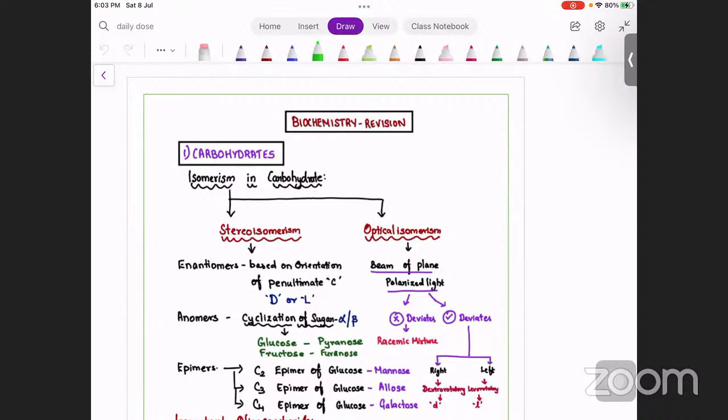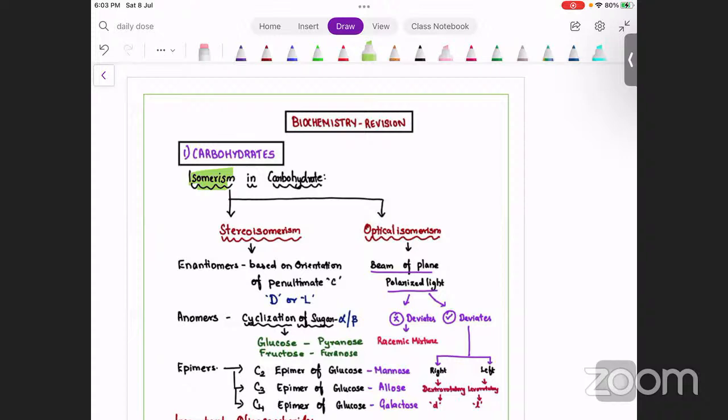Okay, now speaking about carbohydrate, the first thing we are going to talk about is isomerism in carbohydrate, people. What type of isomerism may you see in the carbohydrate? That is stereoisomerism and optical isomerism.